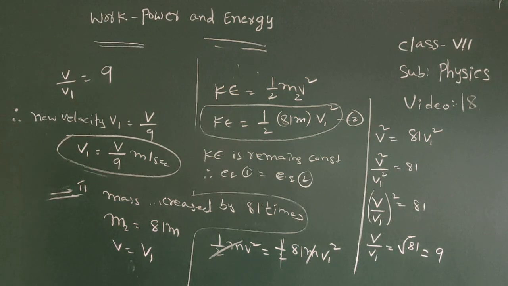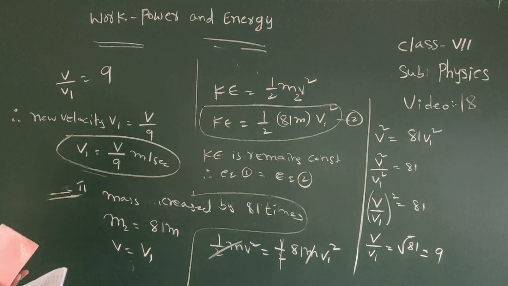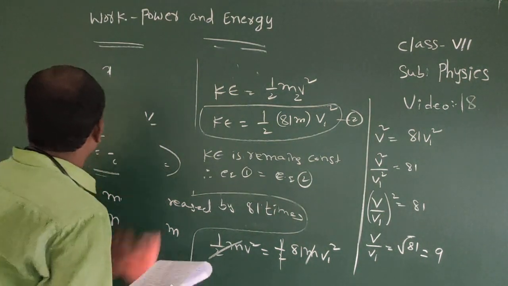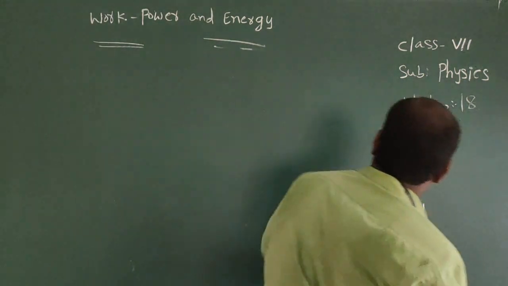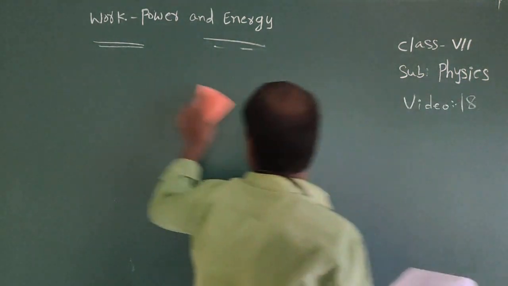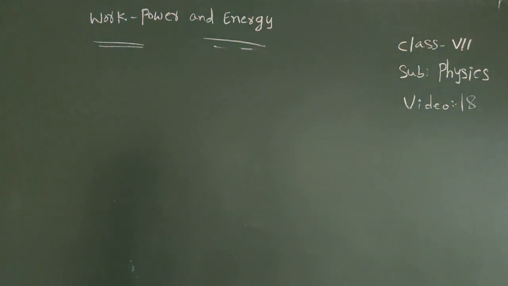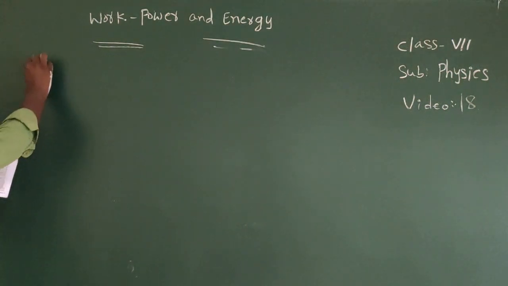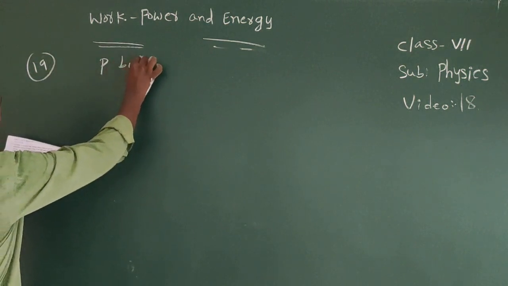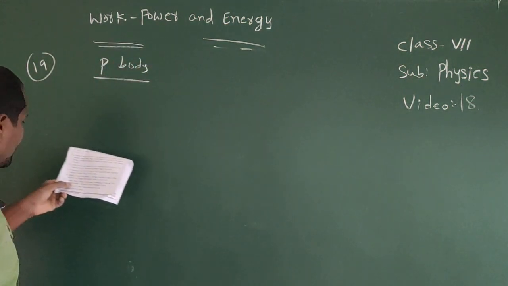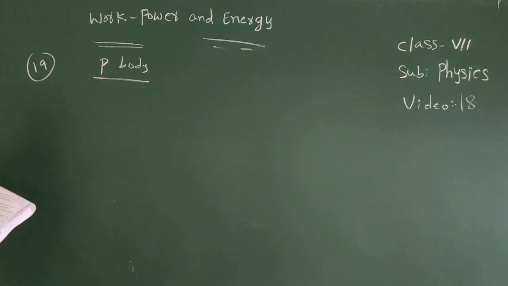Then find the ratio of velocity of P and Q. First one, P body, kinetic energy equal to E.